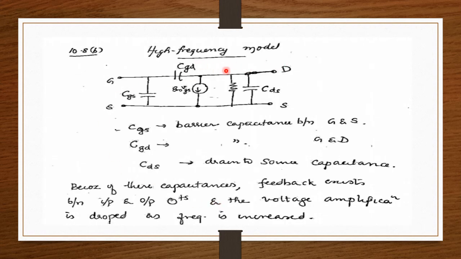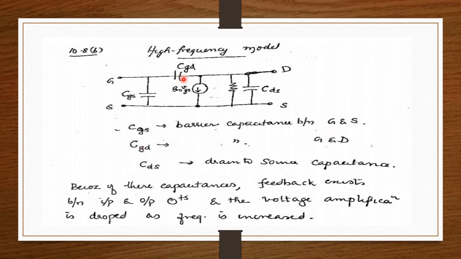Now this is the high frequency model. In the high frequency model, there is some difference here. Some node capacitors are taken into account. So here we have a capacitor, here also we have a capacitor, and on the outside we have a capacitor. This is our current source. CGS is the barrier capacitance between gate and source.